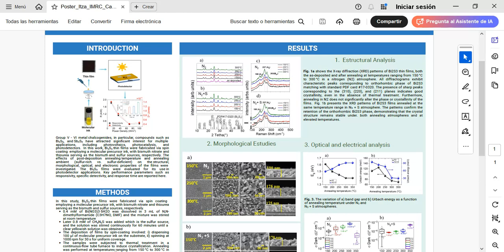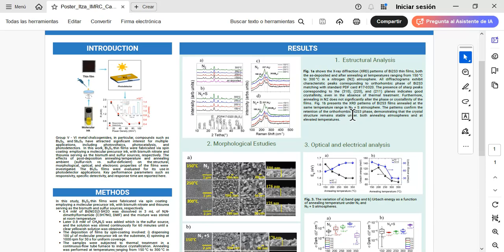Thermal annealing in nitrogen does not significantly alter the crystalline phase of the films, and Figures C and D confirm the retention of the orthorhombic structure.